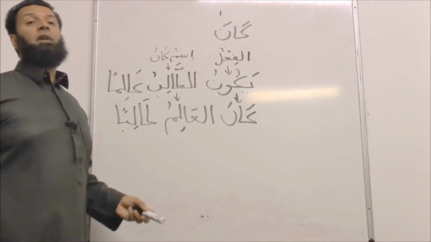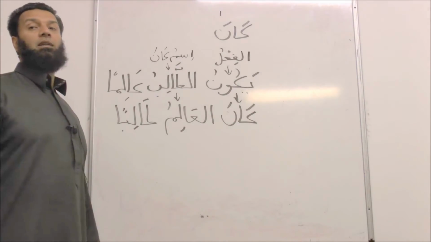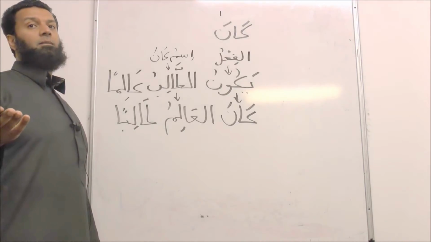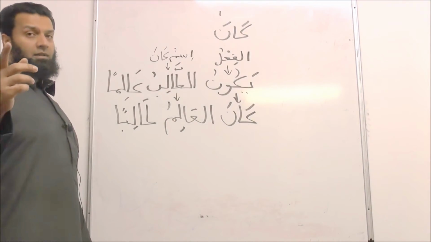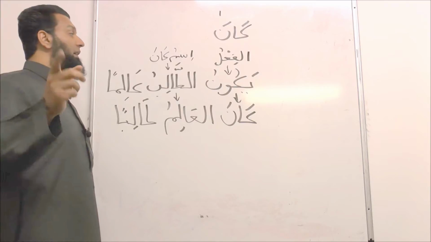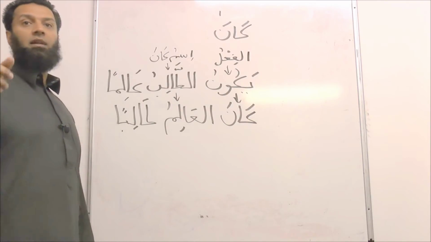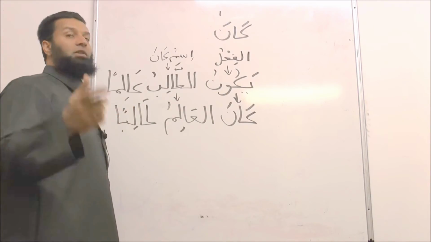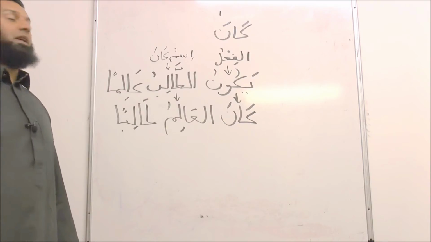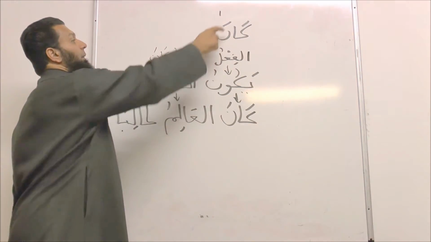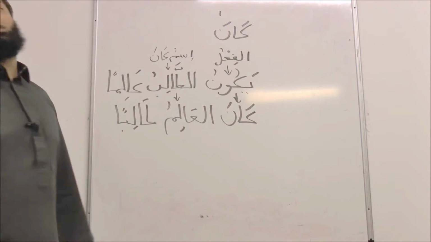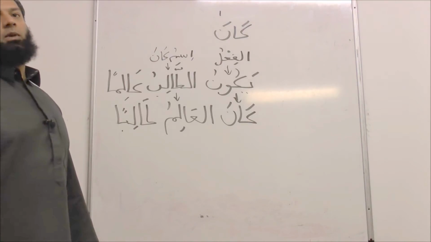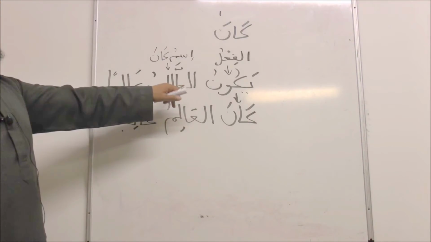The second part of al-jumlatul fi'liya is what, ya Rajan? The second noun, the fa'ilun. It's called the fa'ilun in al-jumlatul fi'liya. But in here, when we have Kaana, it's called ismu Kaana. Here it's at-talibu.